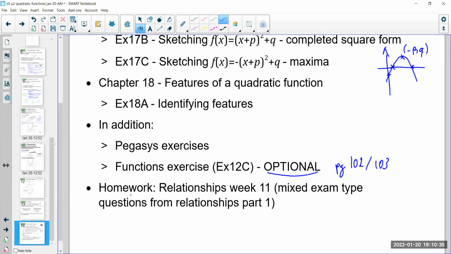Okay, so there is a homework, week 11. Again, mixed exam type questions, which would probably get you to remember what you had done for the past. We're halfway through the year, so have a look. What do you remember? What you might need to work on again so that you keep tabs on that. So it's not a bad one to do.